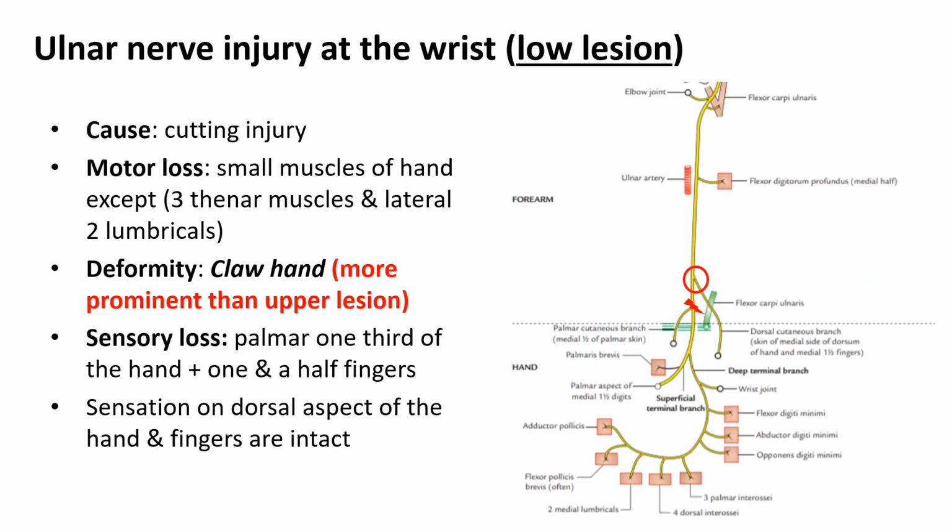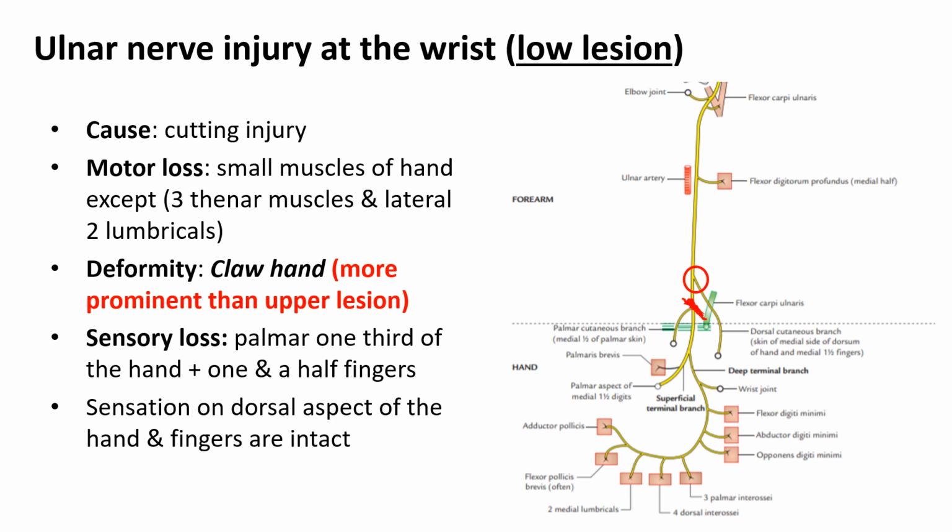Low lesion ulnar nerve injury occurs at the wrist joint, usually due to cutting injury in the wrist joint. Motor loss is paralysis of all small muscles of the hand except the thenar muscles and the lateral two lumbricals.